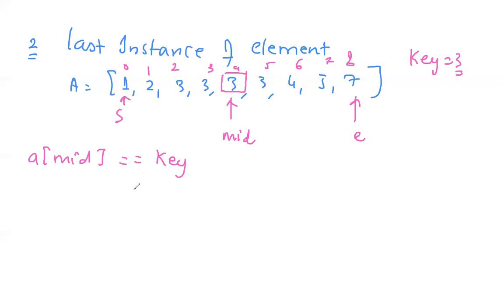For the first instance, it had to be on the left-hand side, before it. For the last instance of 3, where would it have to be? It has to be on the right-hand side. So in the previous case, when A of mid equaled key, we did e equals mid. In this case, we'll do s equals mid, so you will search for the last index on the right.